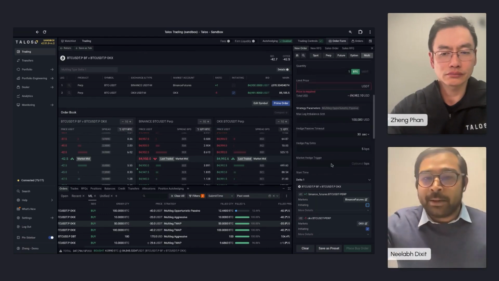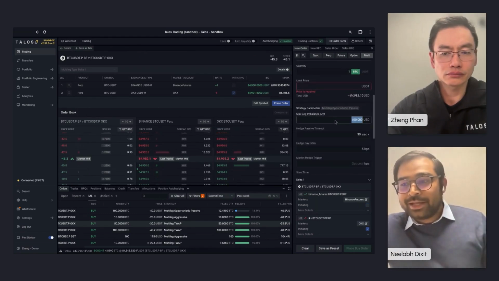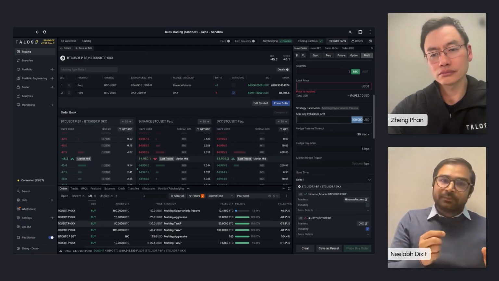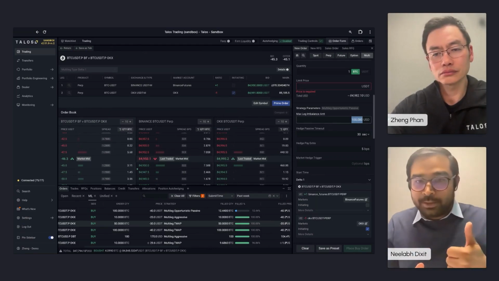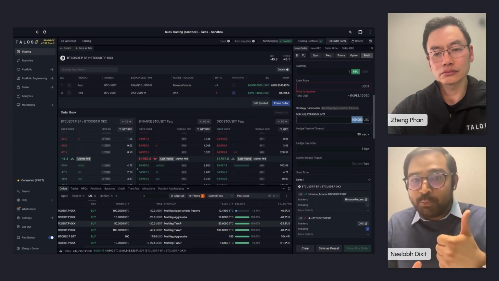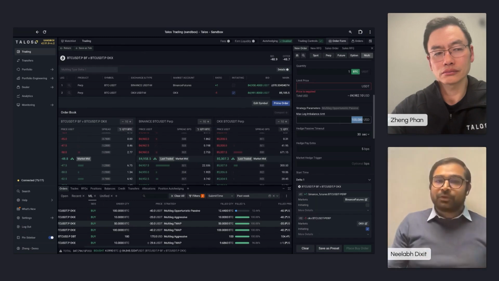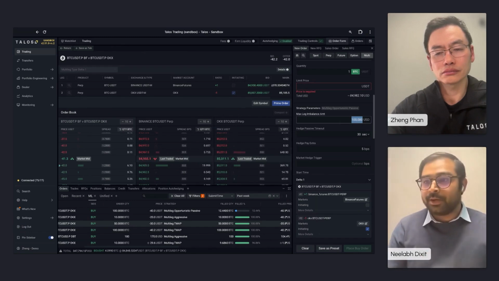The other important parameter is the max imbalance, which is available in the algos. It's a required and mandatory parameter on both the aggressive and passive opportunistic algos that you talked about.